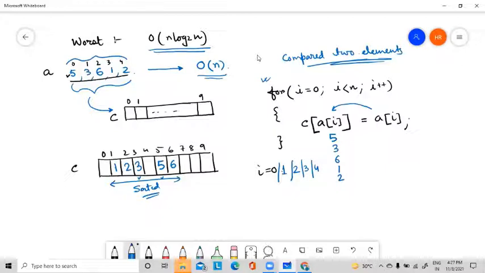But here I have never compared two elements. I have just put it in its proper position, and I have used only a single for loop. So what is the time complexity? Obviously the time complexity is order of n, and my array is sorted.